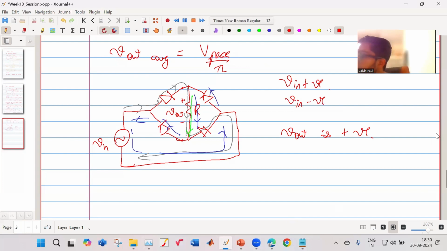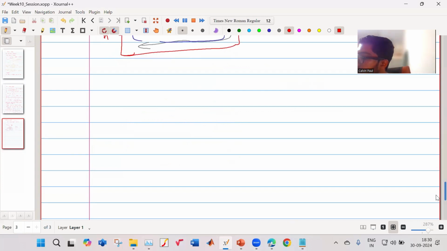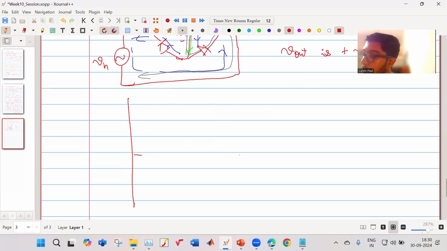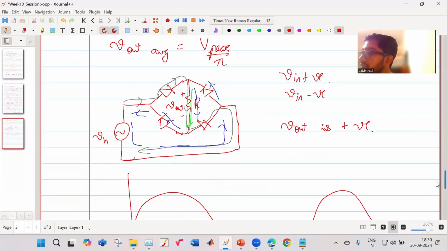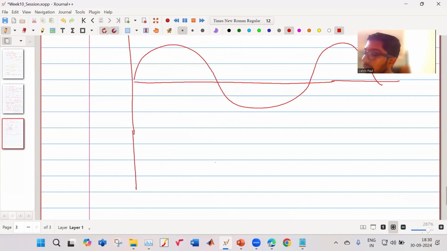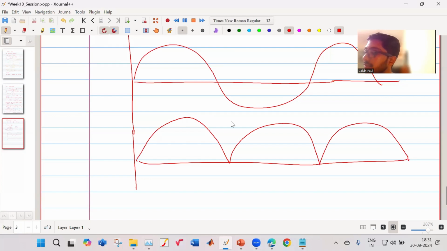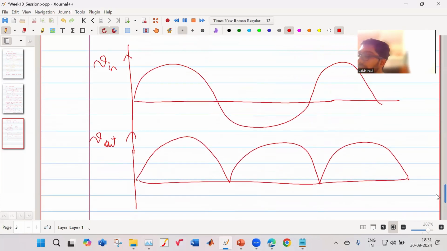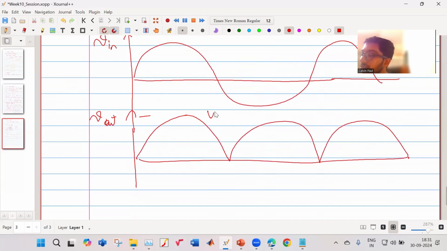Okay. So now, if this is how my input signal is varying, my output signal will look like this. Okay. This is your V out. This is my VL. Okay. So what is the average value of V out? Assume this is V peak.